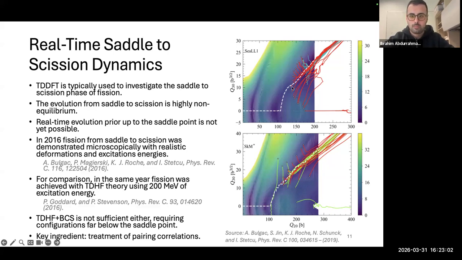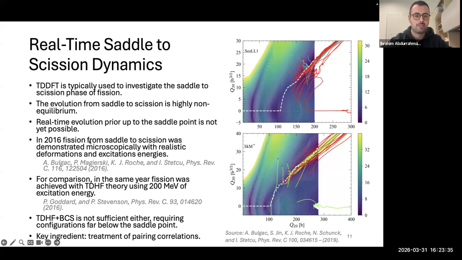They started with points here at the saddle point, and they could only achieve fission if you include 200 MeV of excitation energy on top of those initial configurations. For context, realistic fission should be achievable with thermal nuclei, which are just a few eV of excitation energy. So you can see this is a big discrepancy.